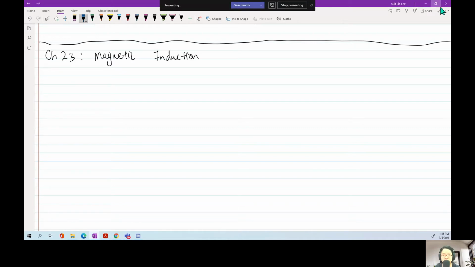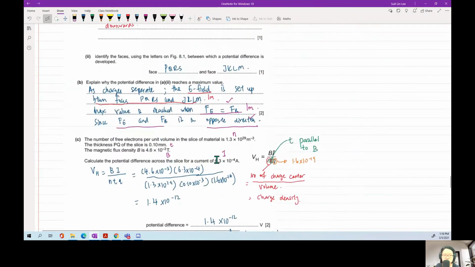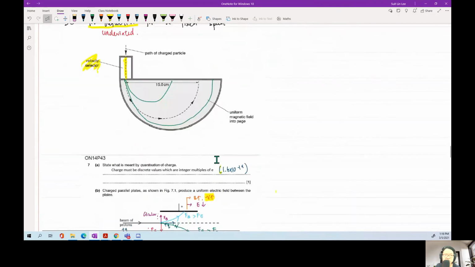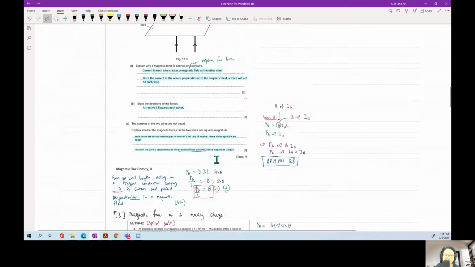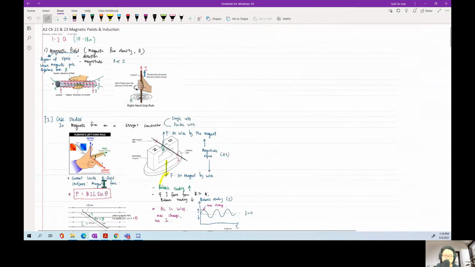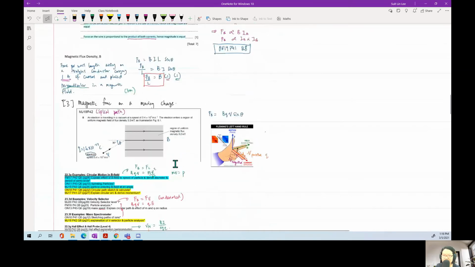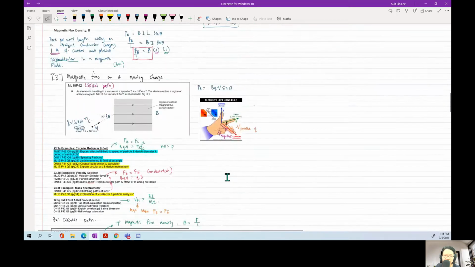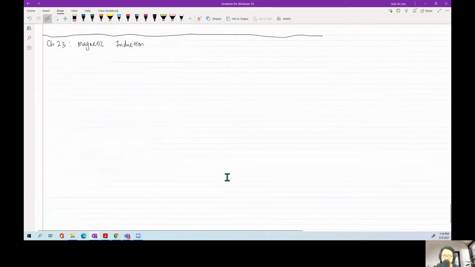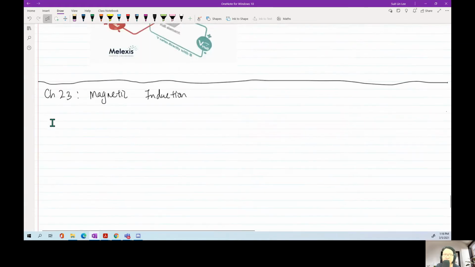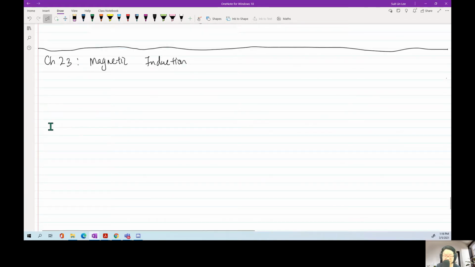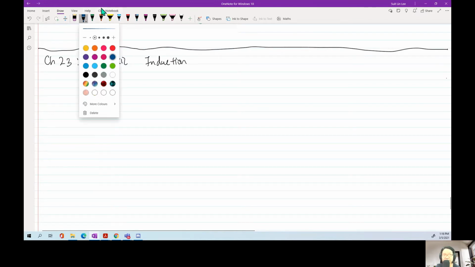So in chapter 22, if you watched the previous video, we talked about the main idea of magnetic force, which is current inside a magnetic field where the outcome is force. When it comes to electromagnetic induction, or your Fleming's right hand rule, it is different because in this case we are talking about current being the outcome.